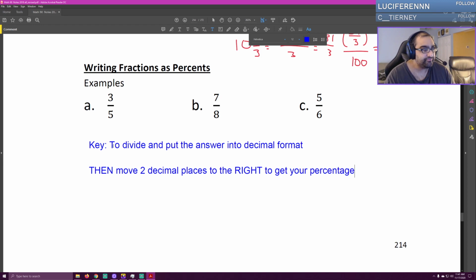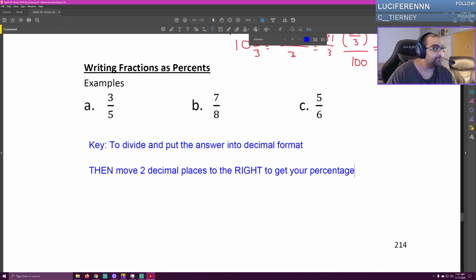Okay? So one of the things we talked about here is you could say when we talk about moving 2 decimal places to the right, that's pretty much the same thing as multiplying by 100. But before we even need to do that, we need to put the answer into decimal format and then go ahead and convert it over.